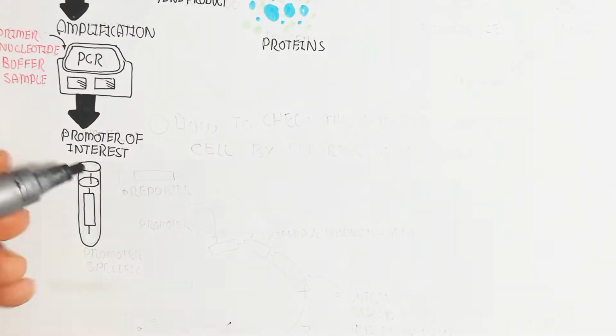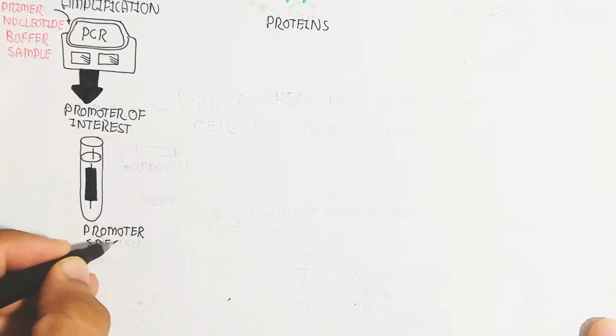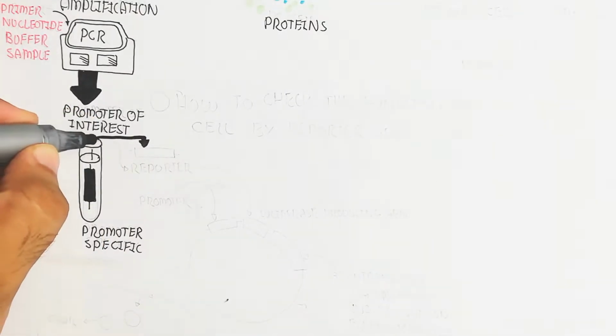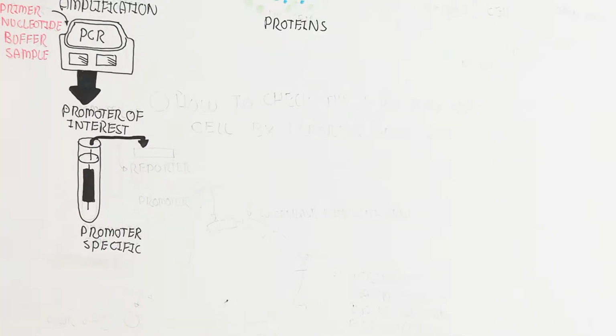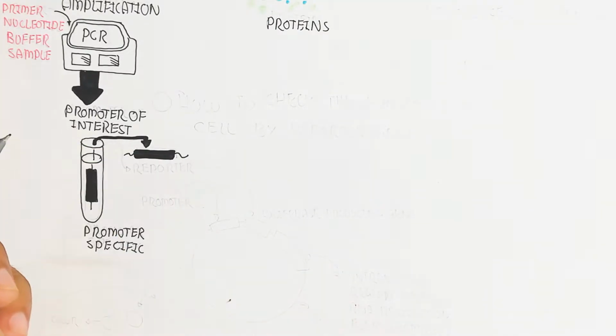The specific primer binding, with cycles of denaturation, annealing and extension, produces the promoter-specific product, and this is the promoter of interest.